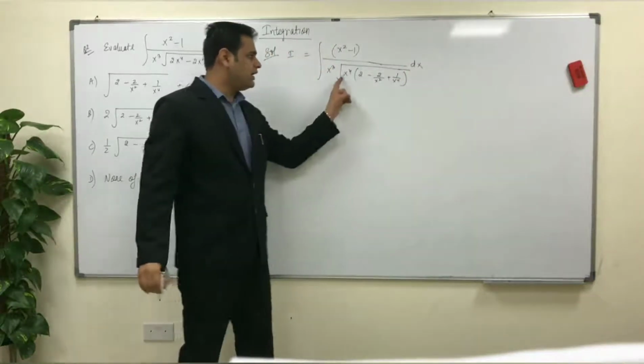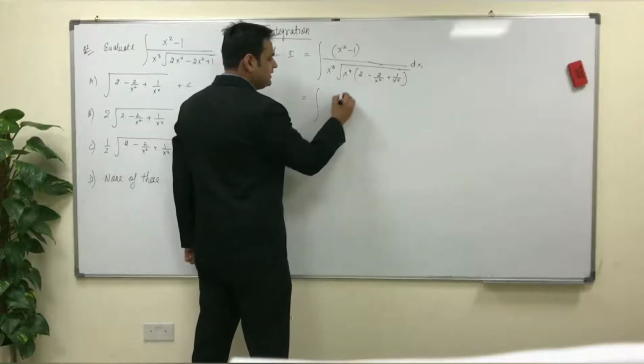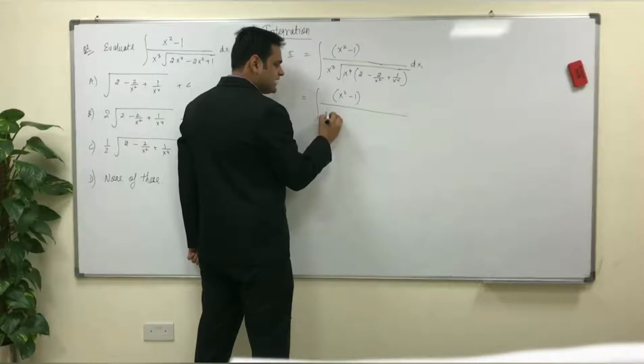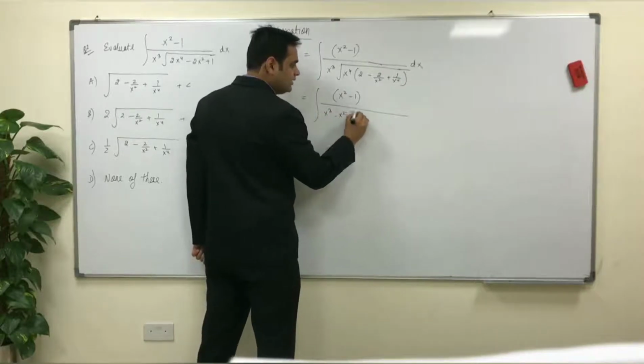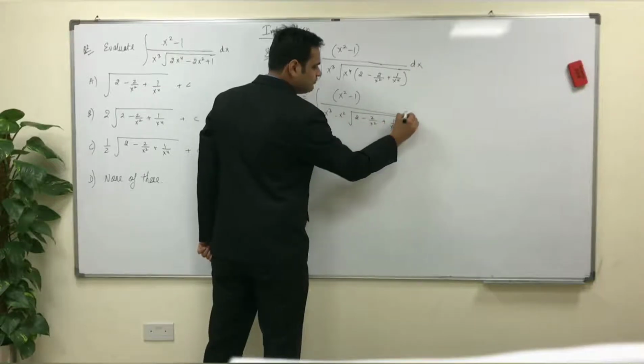Now under root x to the power 4 is nothing but x square, so it will be x square minus 1. This x square will come out, so this is x cube into x square, 2 minus 2 by x square plus 1 by x to the power 4 dx.